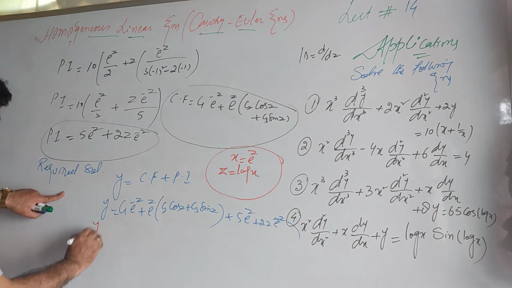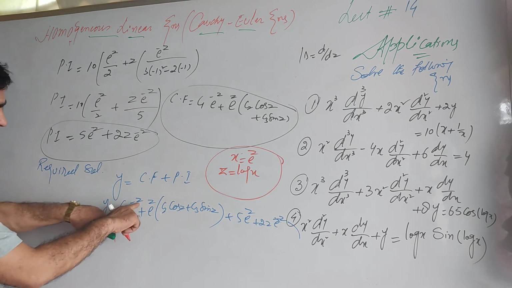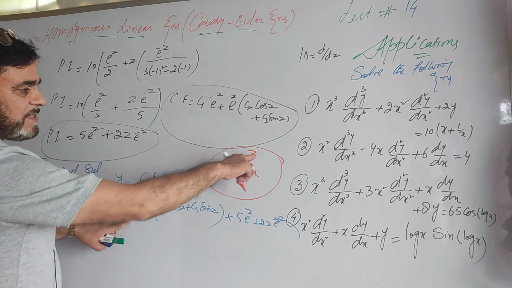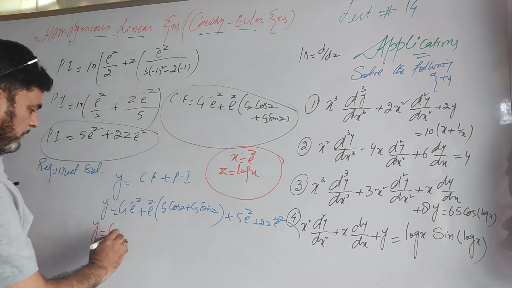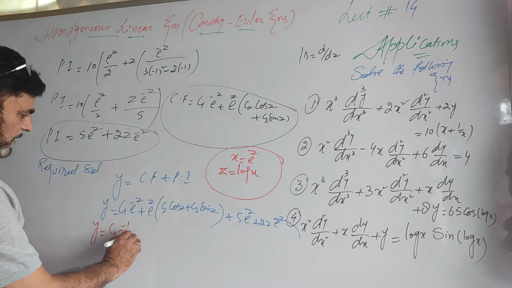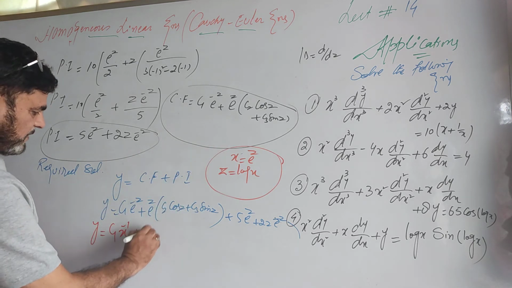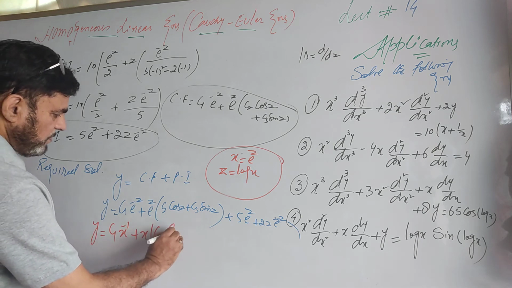So the solution is y equal to c1. What is e raised to the power minus z? Look here, x is e raised to the power z. It is x raised to the power minus 1 plus e raised to the power z, it is simply x. c2 cos of z, what is z?